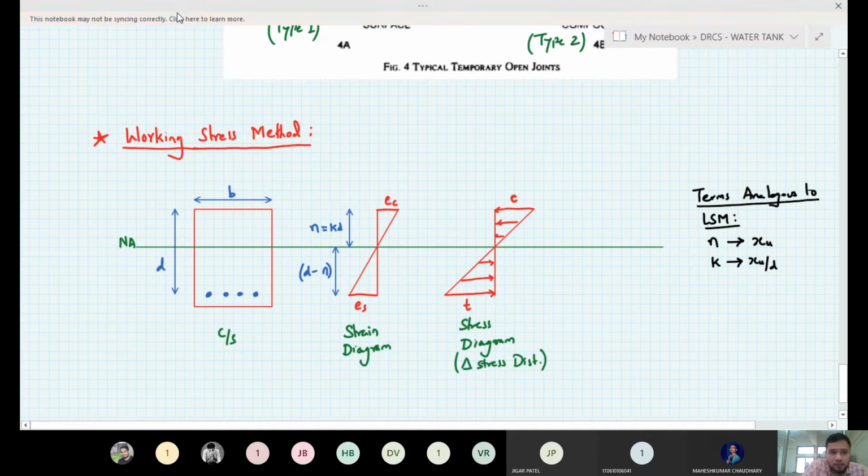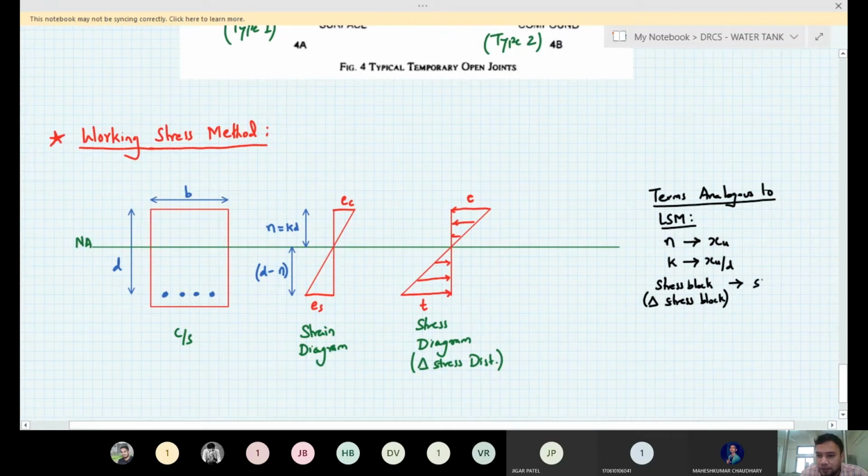If we compare the stress block, here it is a triangular stress block, whereas in limit state philosophy, the stress block is a rectangular parabolic stress block.